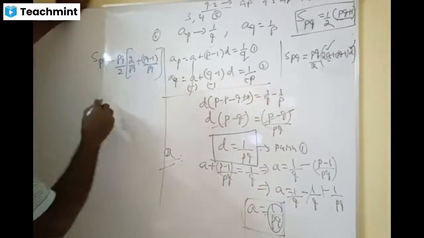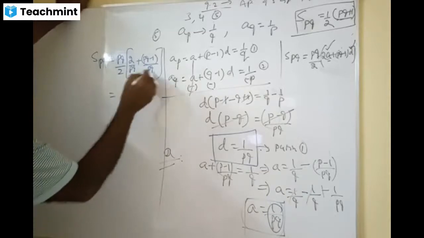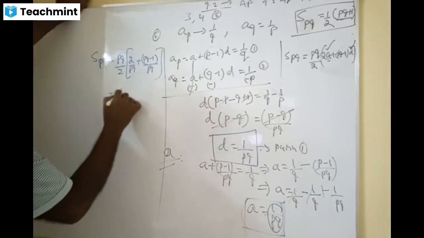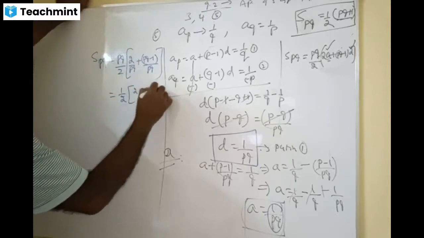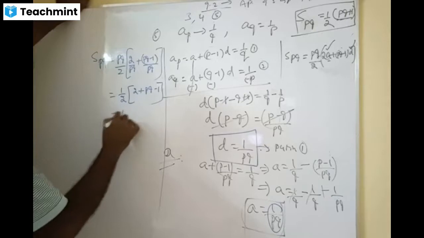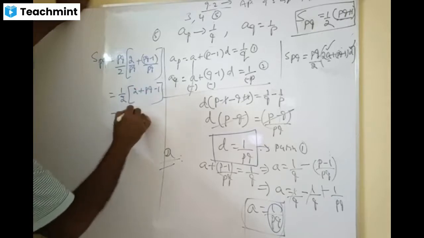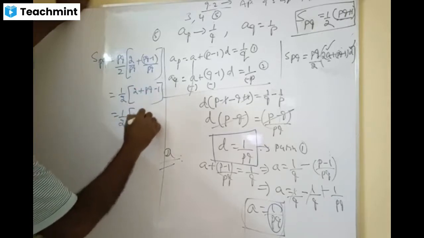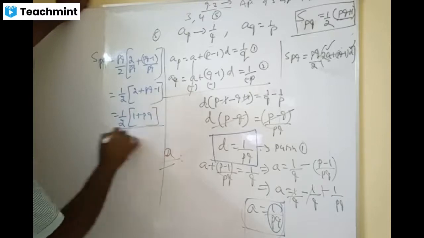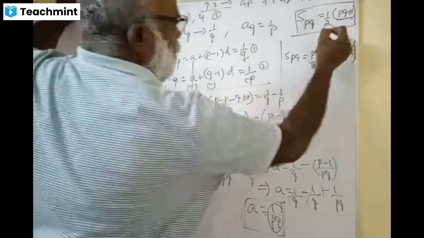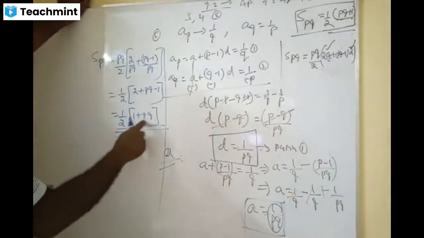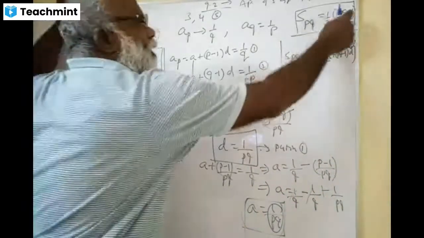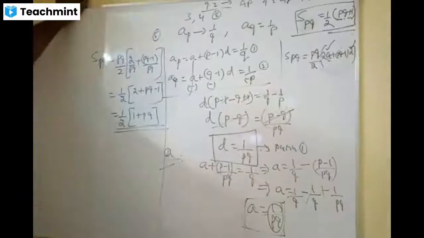Formula over. So PQ is common, denominator PQ cancels, 1 by 2 into 2 plus PQ minus 1. Do you agree? Half into 2 minus 1 is 1, plus PQ. Half into 1 plus PQ. Is it same or not, please?